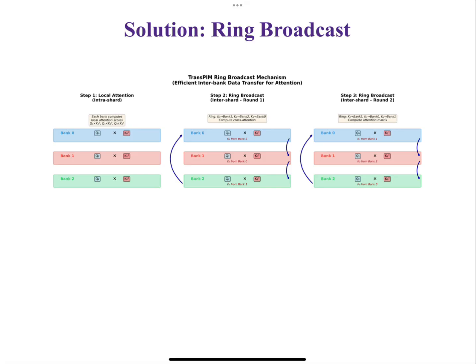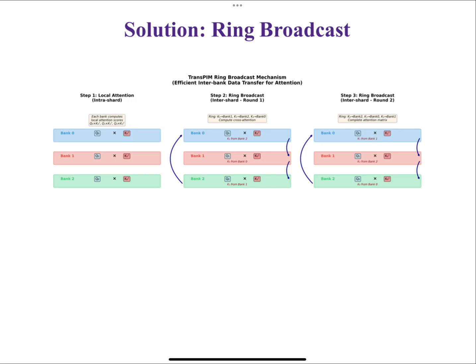TransPIM solves this using ring broadcast. Here's how it works. First of all, each bank computes local attention using its own K matrix. Then, the K matrices rotate across banks, from K0 to Bank 1 to Bank 2 and so on.